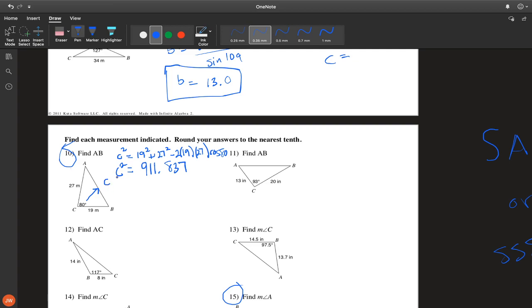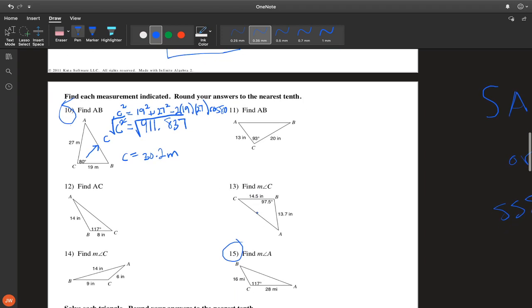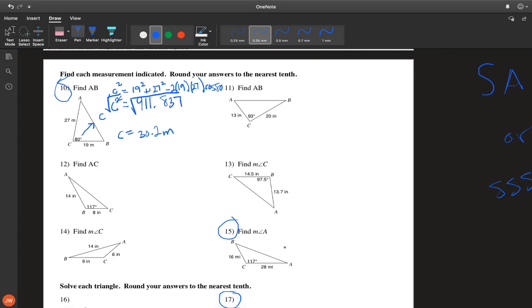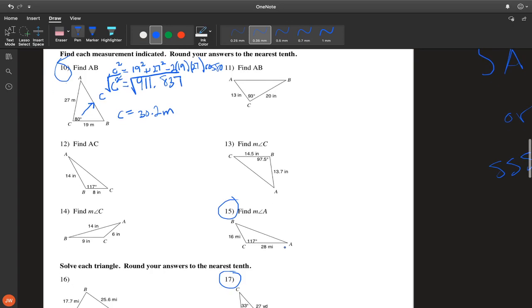We want to undo that squaring by square rooting, so we have to square root both sides. Now the squared and the square root cancel, so you're left with c, and you take the square root of 911. That is going to be 30.2, because I want it to the nearest tenth. So 30.2 meters. That's the first question. Not too hard, pretty simple actually. You just gotta understand the formula, memorize it, and know how to use it.